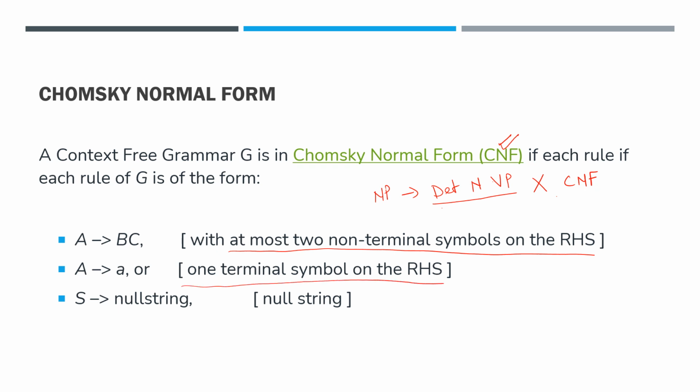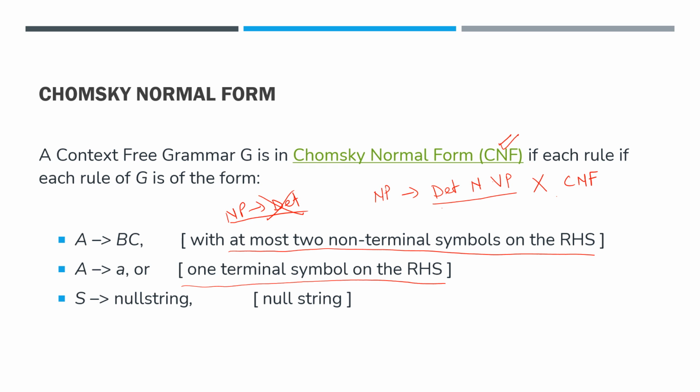You cannot have a rule like noun phrase goes to determiner, this kind of situation will give me an infinite loop. I cannot terminate anytime. So such kind of statements are again not allowed.